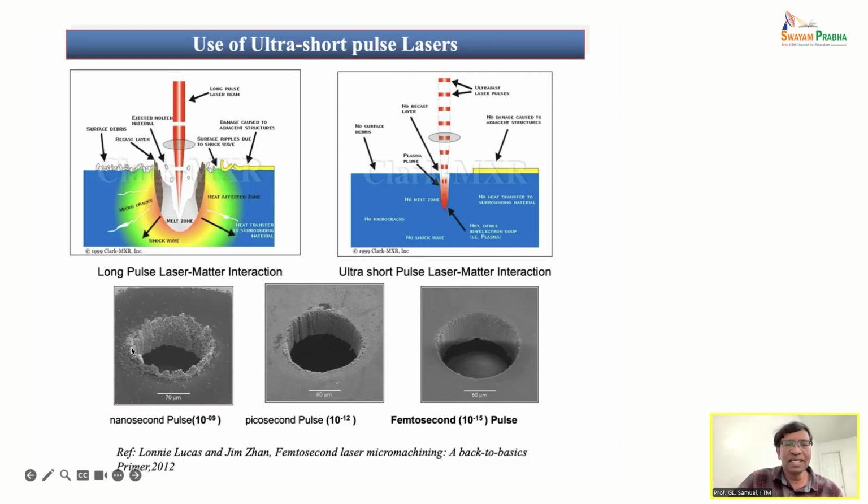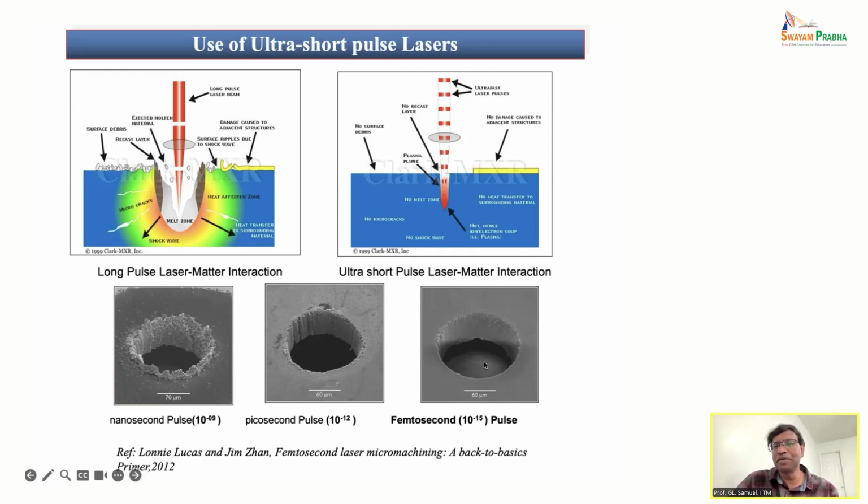So you can see that there is a recast layer around the hole which has been produced, and the recast layer is still sticking, and we can see the quality of the hole is not good. Then when you come to the picosecond laser, we see a little decrease, but still we see this kind of recast layer which is formed.